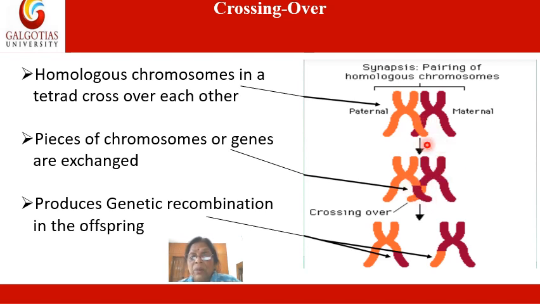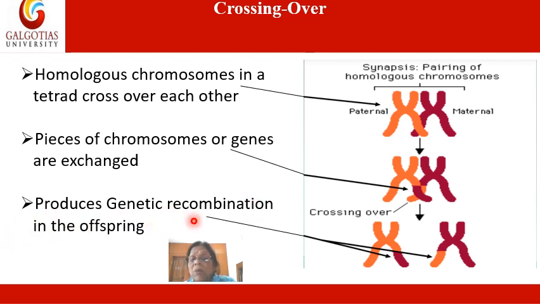So this part of the segment comes to this, and this part from the father has gone to this. Why has nature designed this phenomenon of crossing over? So as to produce genetic recombination in the offspring.